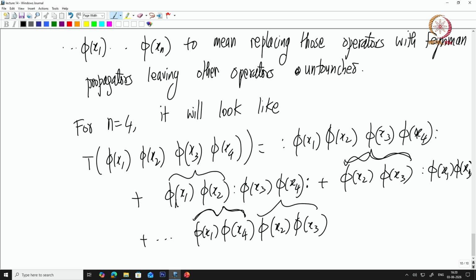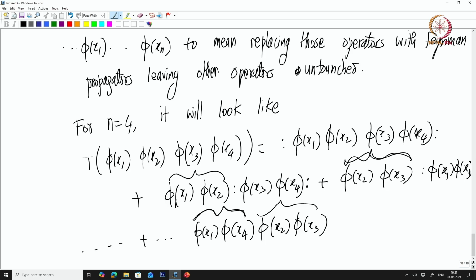So, you take all possible such combinations, and you continue by taking two contractions at a time. This is a theorem, and this theorem goes by the name of Wick's theorem.